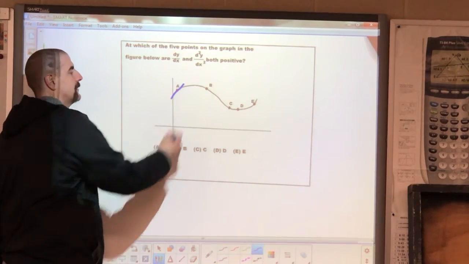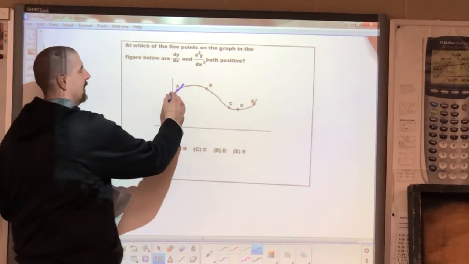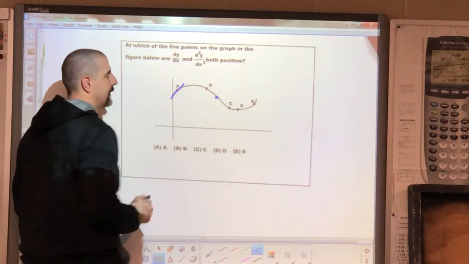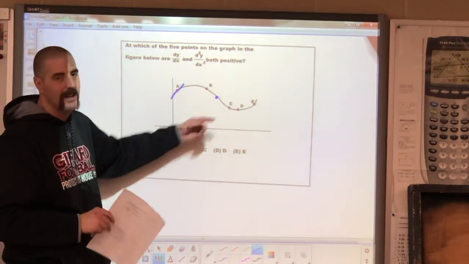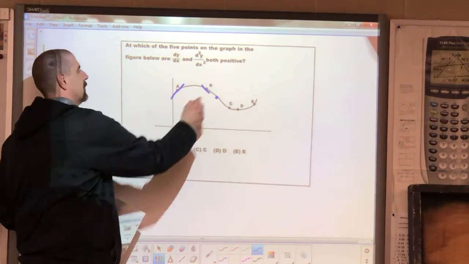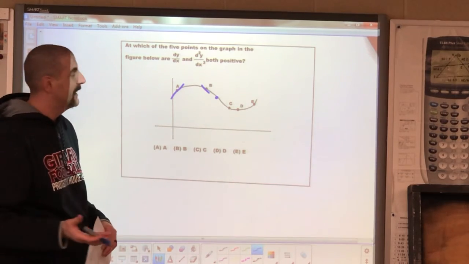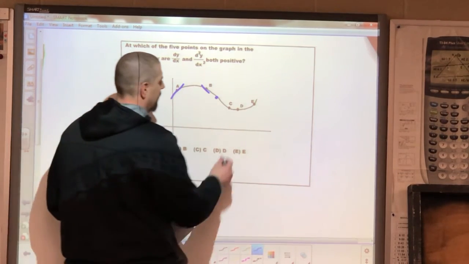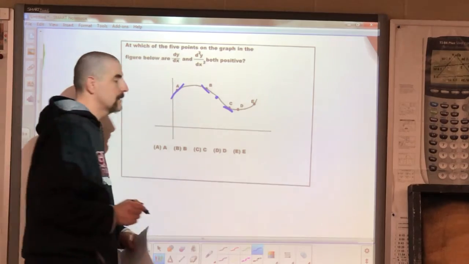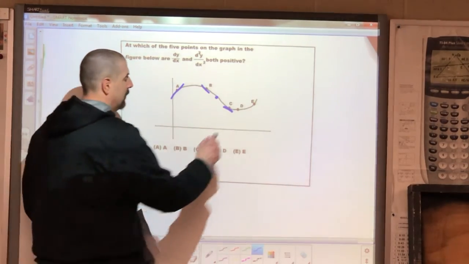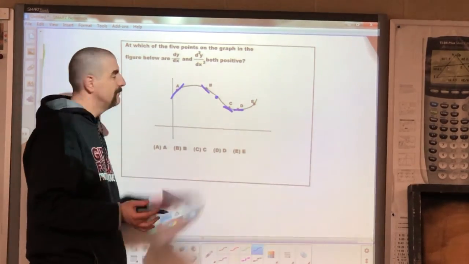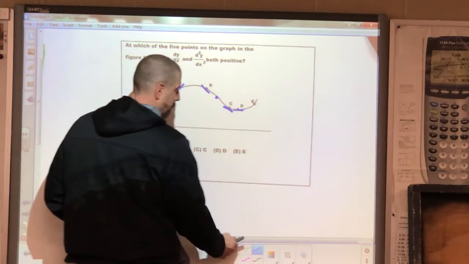Well, here is a positive slope, but it's concave down until about right there at that inflection point. So not that. This is clearly not it. B slope is negative, so again, not that. Here, that slope's negative, so it can't be there. Here, the slope is 0, not positive, so that leaves us with one last.